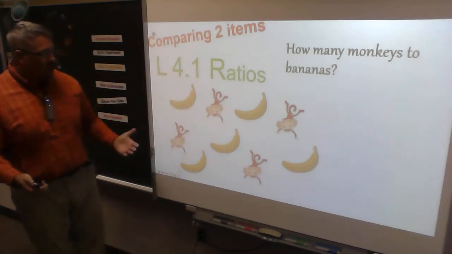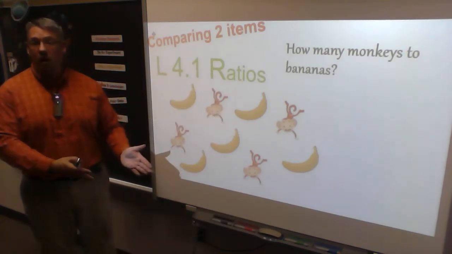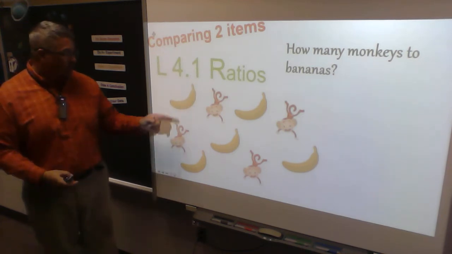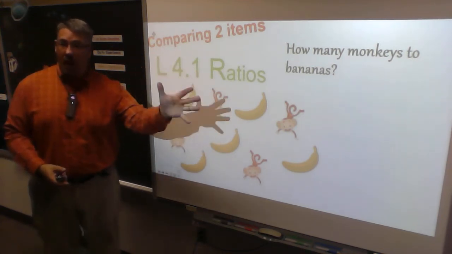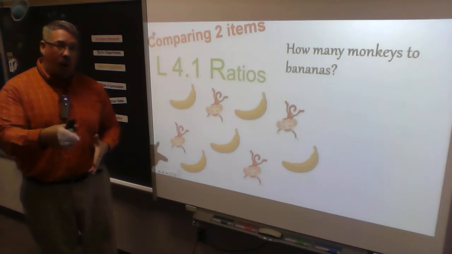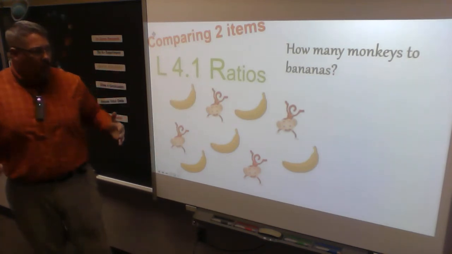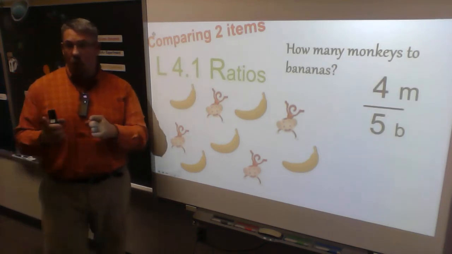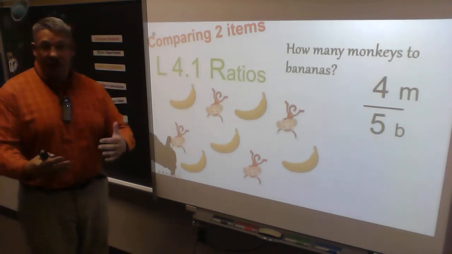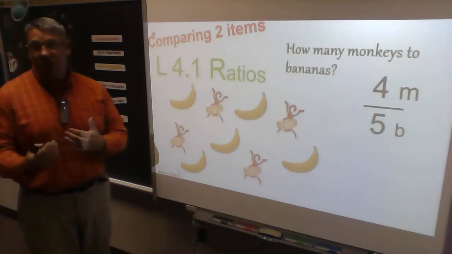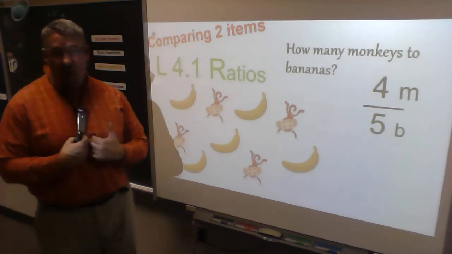How many monkeys are there? 1, 2, 3, 4. 4 monkeys. How many bananas? 1, 2, 3, 4, 5. 5 bananas. So when I write it then, and we said there's three different ways to write it, I have to be able to put them in the order in which they're asked. As I said, I always start with the fraction form, which is what I learned first.